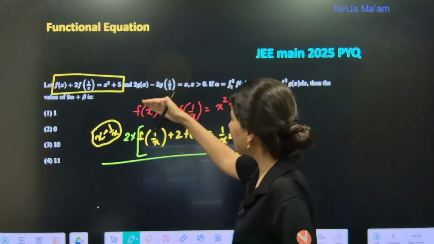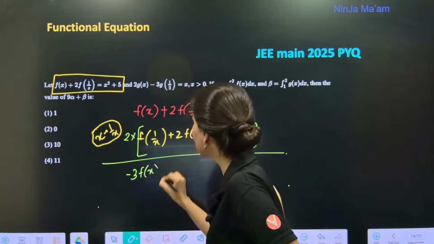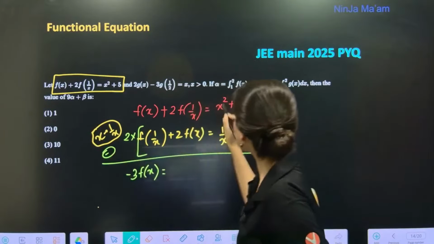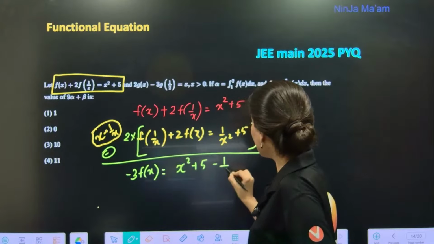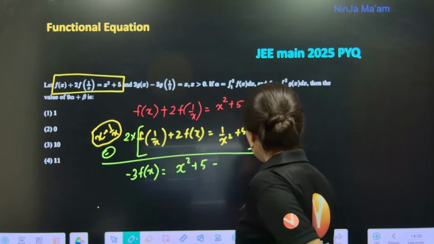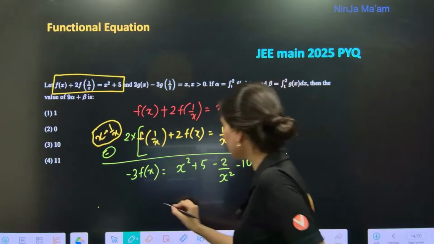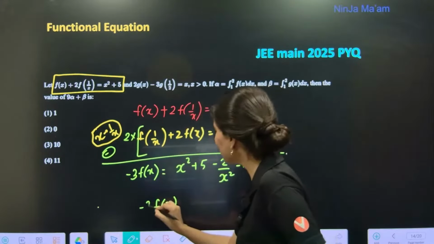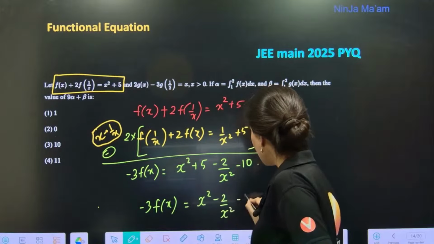So fx minus 4fx is minus 3f of x. The 2f of 1 by x terms cancel because we are subtracting. This is x square plus 5 minus 2 by x square minus 10. So f of x times minus 3 is x square minus 2 by x square minus 5.